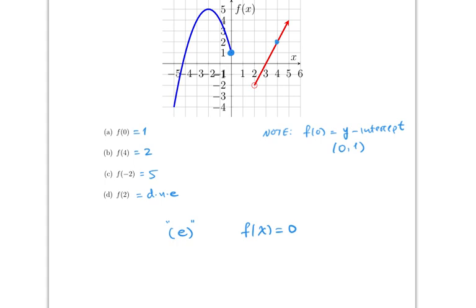So what will that be? So now I'm telling you y is 0. What's the value of x that gives you that? It will be 3, right? Because the actually is 2. This one, 3, and negative 4.